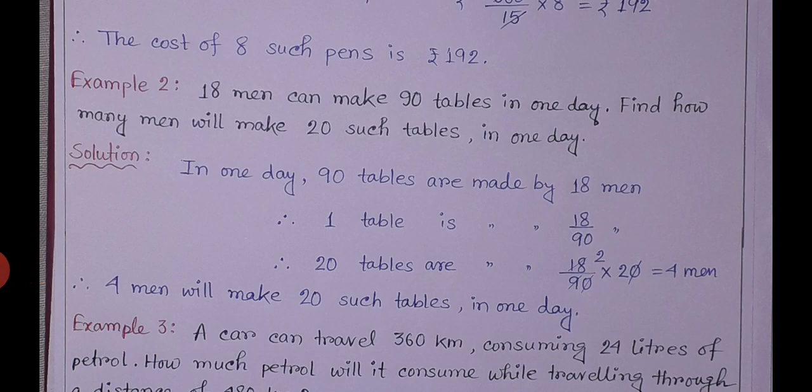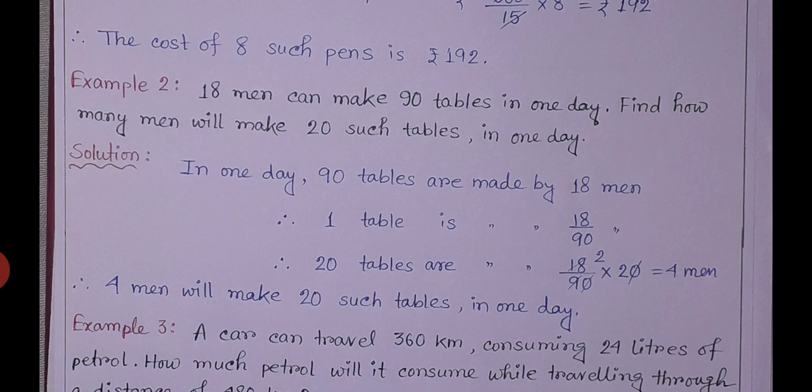Remember one thing, the quantity that is required will be on the right side, as here men is required. So we shall write in this way: in one day 90 tables are made by 18 men. As men is required, so I have put the men on the right side.